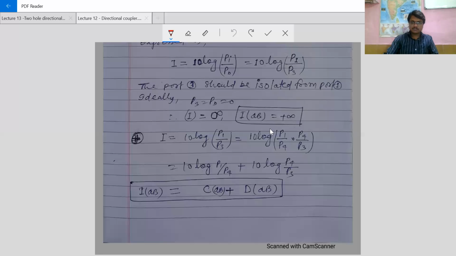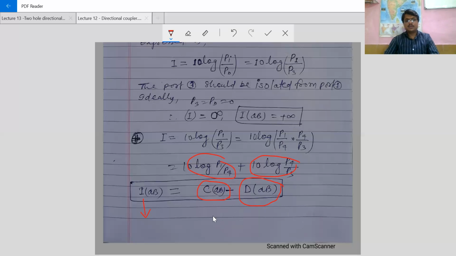So this is a multiplication inside the logarithm. By the logarithmic property, it becomes a summation: 10 log P1 upon P4 plus 10 log P4 upon P3. This means isolation in dB will be equal to the summation of coupling in dB plus directivity in dB.